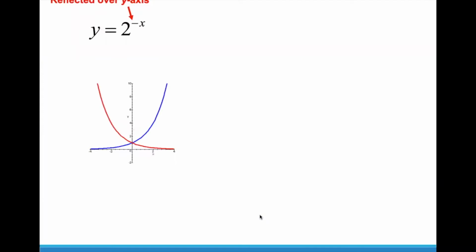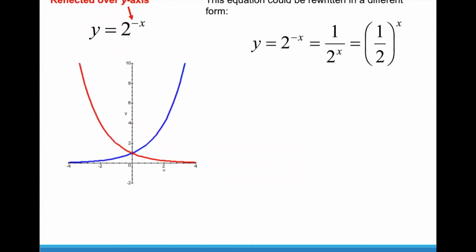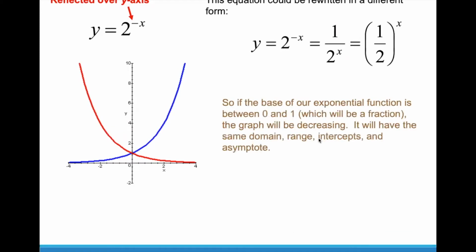So let's recall the reflection of 2 raised to x, which is 2 raised to negative x, which is the same as y equals 1/2 raised to x. In this case, we have the graph of 2 raised to x and 1/2 raised to x.